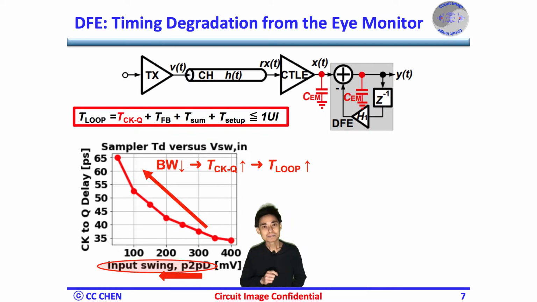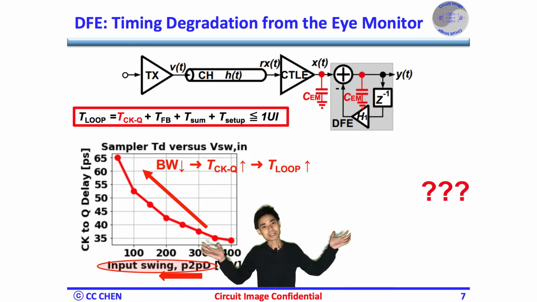Therefore, a simple delay image here reminds you that a bigger input swing may take a shorter time to reach the full swing at the output. But if the CTLE's degraded bandwidth cannot open the eye at the DFE's first sampler big enough, the sampler delay would be too big to meet the 1 UI timing constraint.